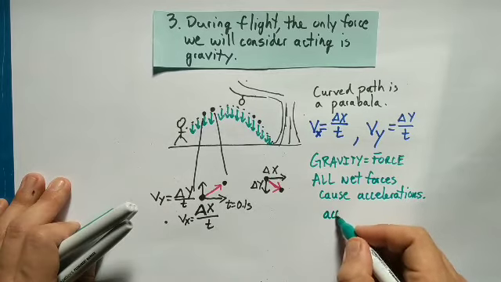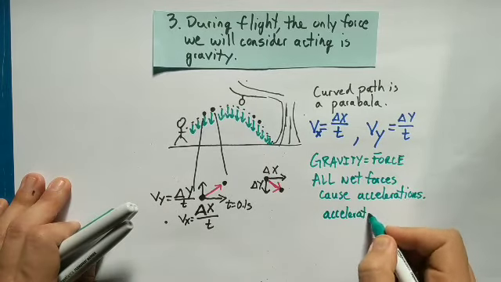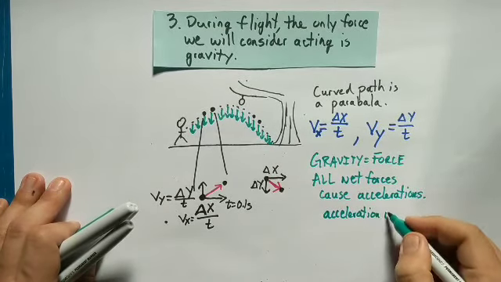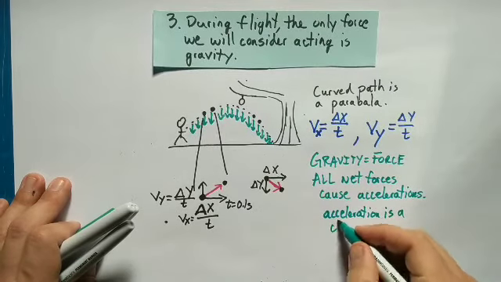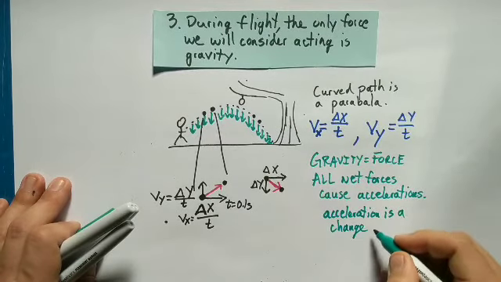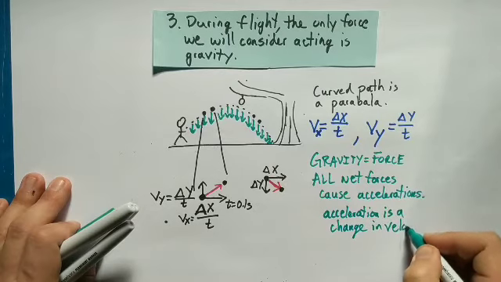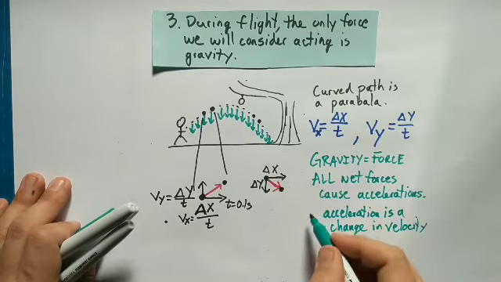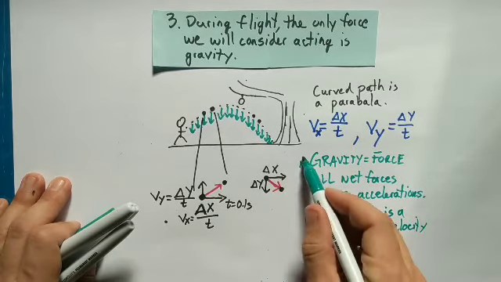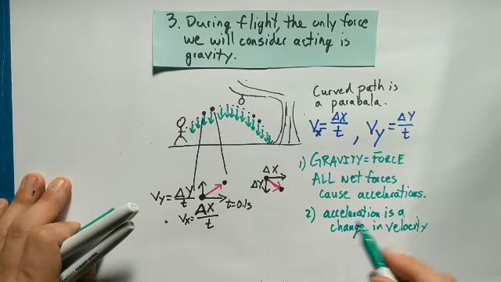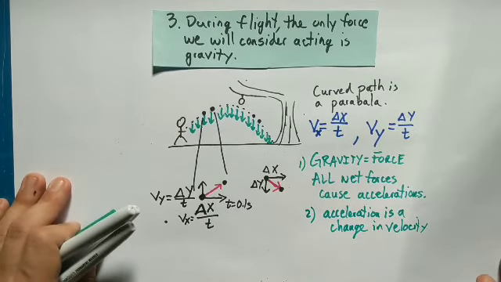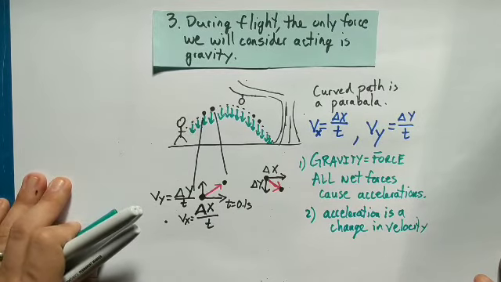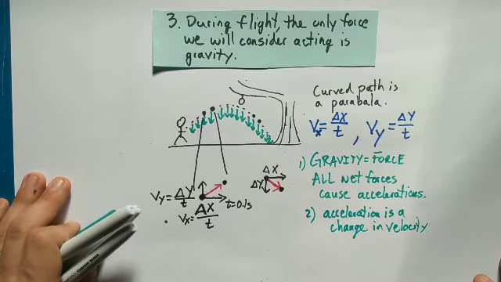Acceleration is a change in velocity. So there's the first thing, there's the second thing. Gravity is a force. All net forces cause accelerations. And what is an acceleration? Remember that an acceleration is a change in velocity.